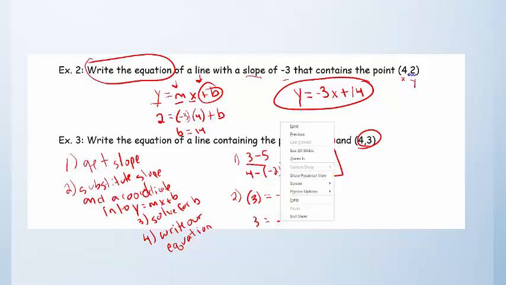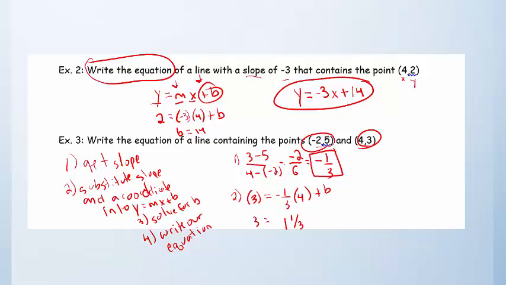That is the same thing as negative 1 and 1/3. So I'm just going to write my answer like a mixed number. I'm going to add 1 and 1/3 to both sides, and I'm going to get 4 and 1/3 for my b. So my final equation is going to be y equals negative 1/3 x plus 4 and 1/3.